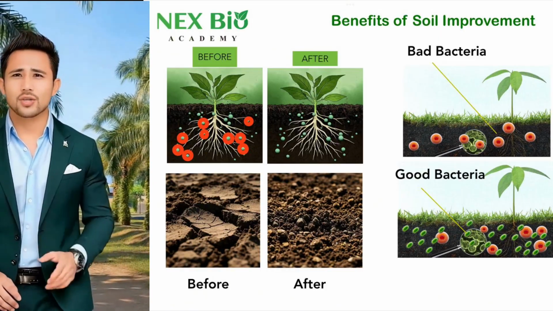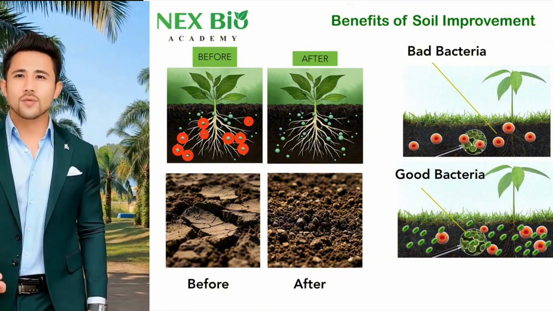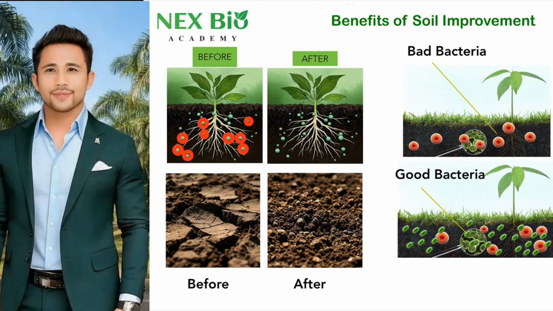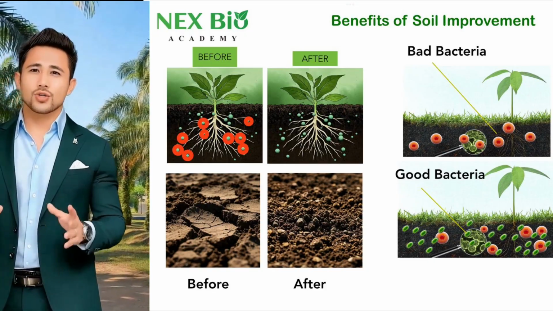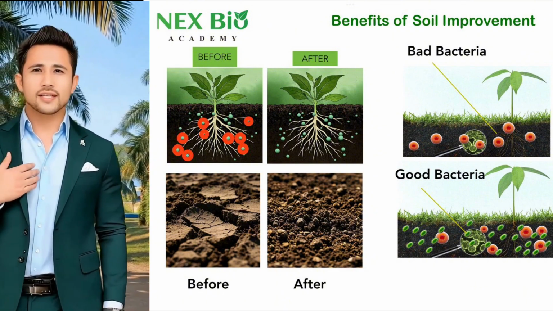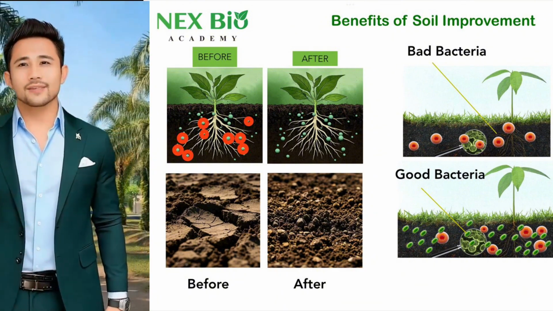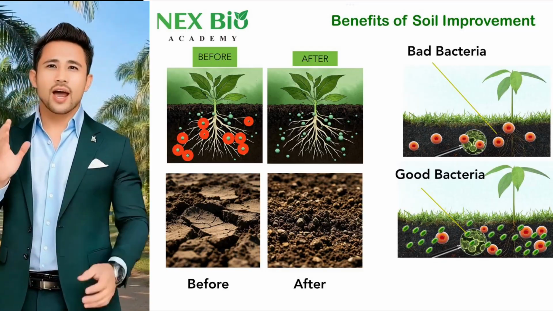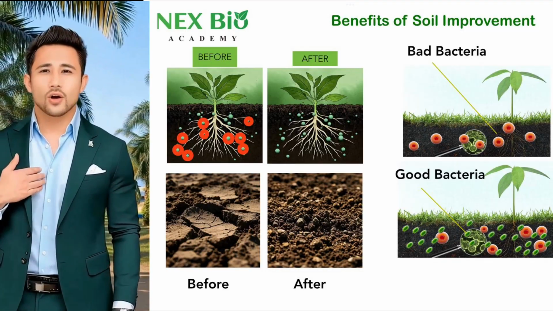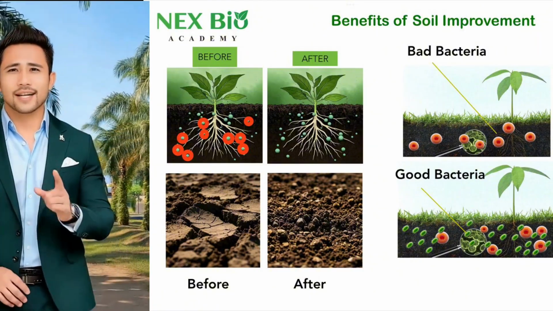The second benefit, you can see at the left bottom of the picture. Before, your land or your soil condition is broken. If the soil is broken, it is very solid. The soil cannot become the water reserve for the plant, and the oxygen cannot enter the soil. So it can hinder the growth of the microbes there.